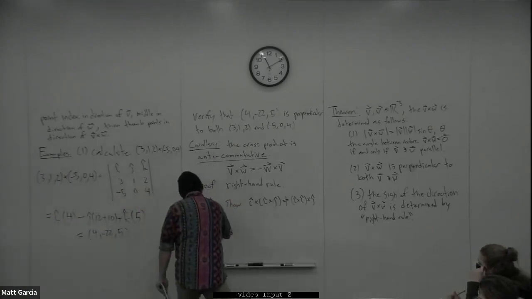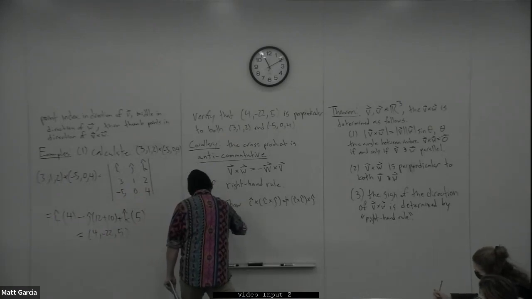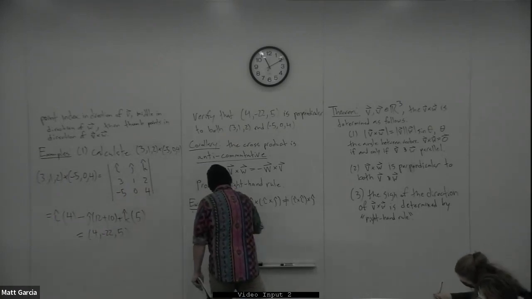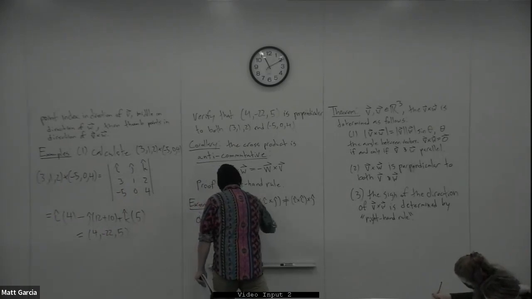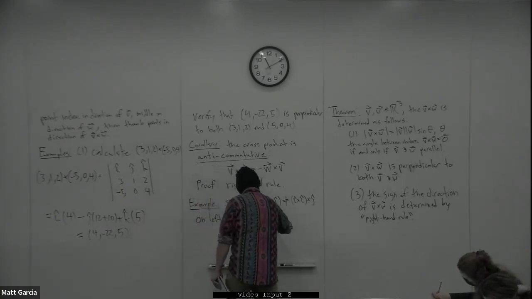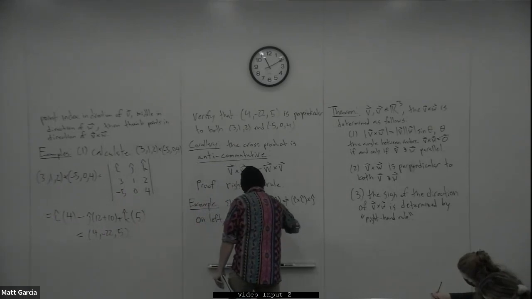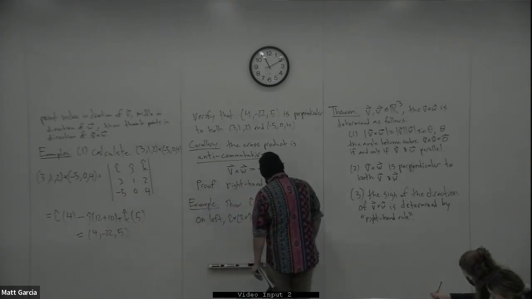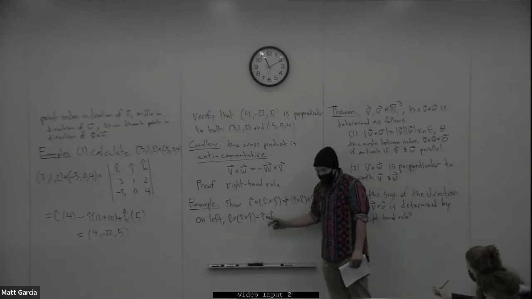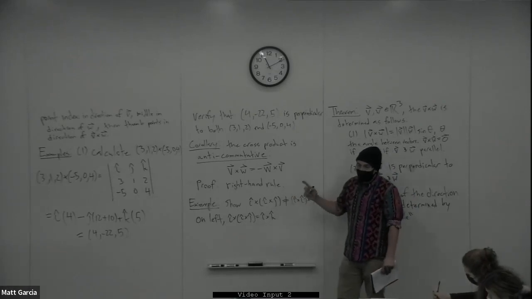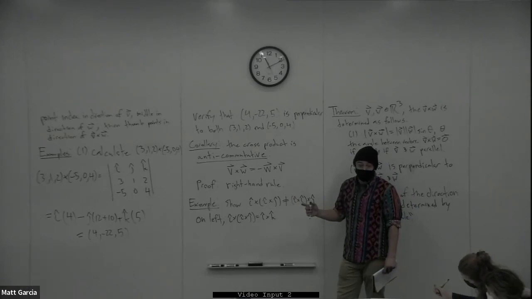Okay. So on the left, i hat cross j hat is equal to i hat cross k hat. Before I told you that k hat cross i hat is j hat, right?